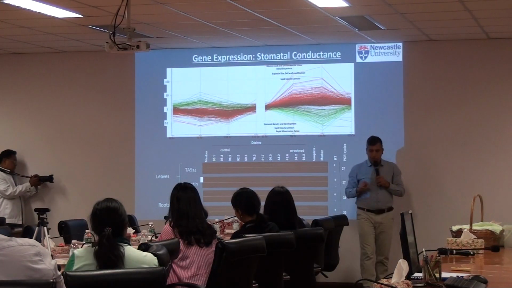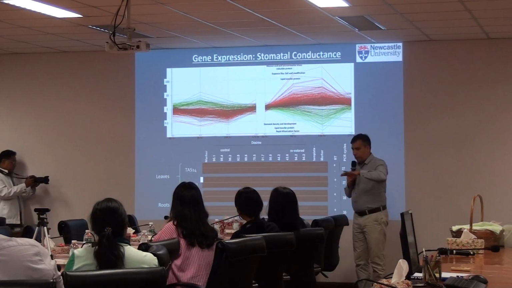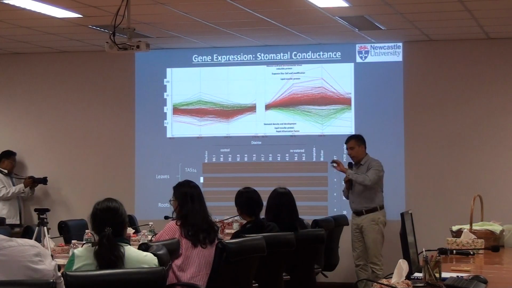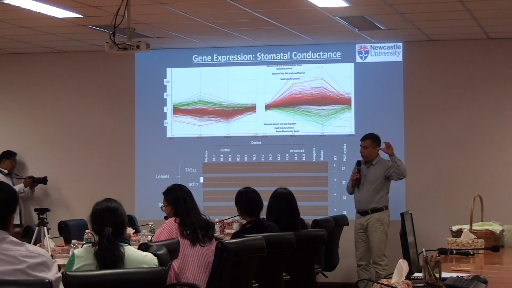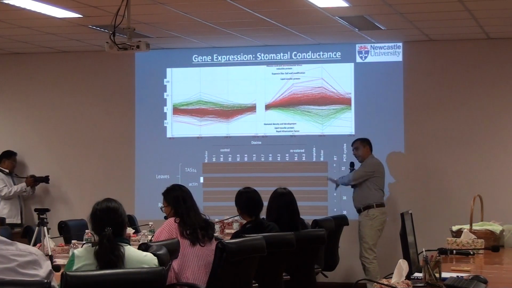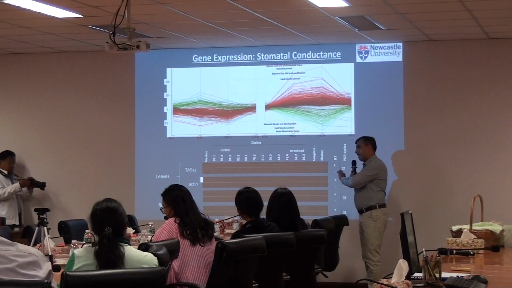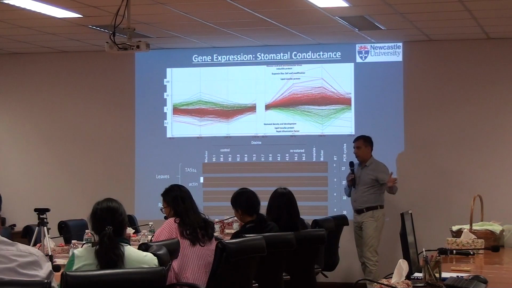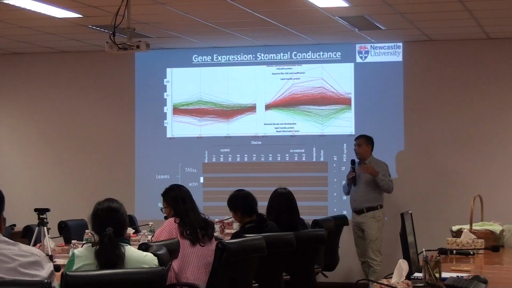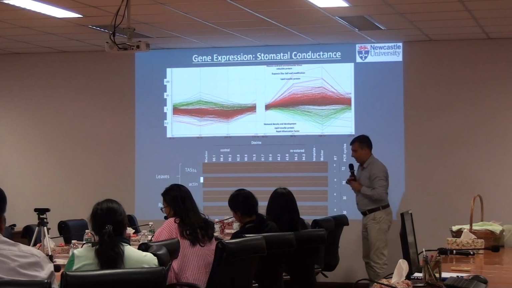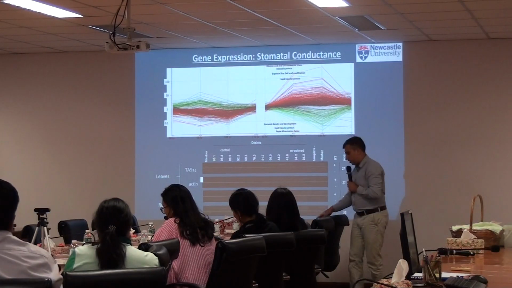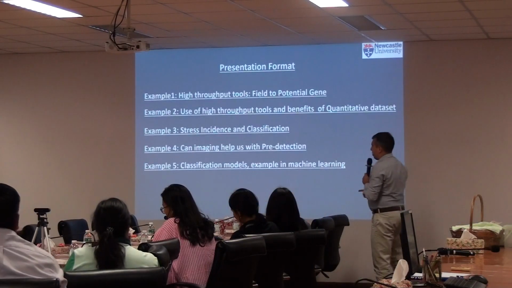So what I'm trying to say here is, we took images in the field, we normalized the data, and then we found how we can go from a field all the way to a gene. So we know which gene is actually controlling that. I don't think any study up till today has done so much detail on it. So that's one of the examples we just showed. That was the first one.